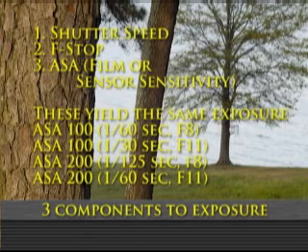These are in one stop increments. So ASA 100 is one stop slower than ASA 200. 1/60th of a second is one stop longer than 1/125th of a second. And f8 allows one stop more light in than f11.